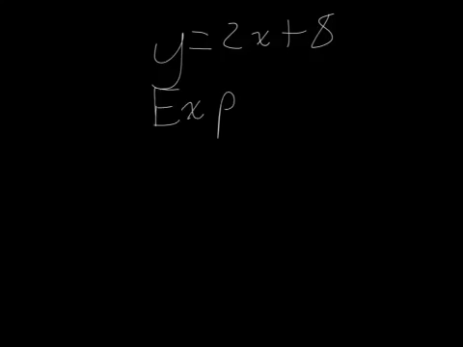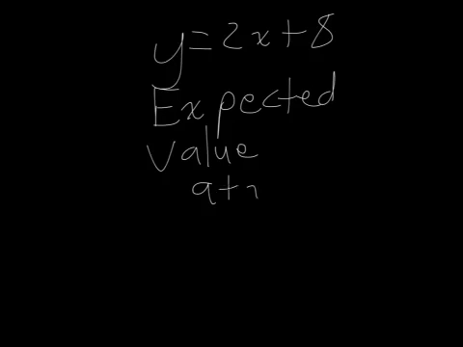So, for example, let's say that our line of best fit is given by y equals 2x plus 8, and we want to find the expected value at x equals, let's say, 4.